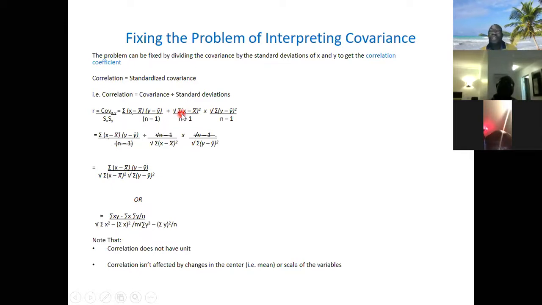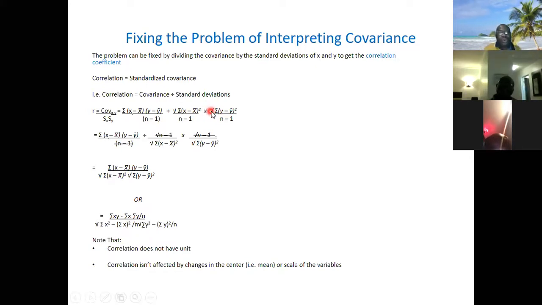Standard deviation is the square root of variance. The variance of X is the sum of x minus x bar squared over n minus 1, and if you find the square root, that is the standard deviation. The same for Y: the standard deviation of Y is the square root of the variance, the sum of y minus y bar squared over n minus 1, then square root.